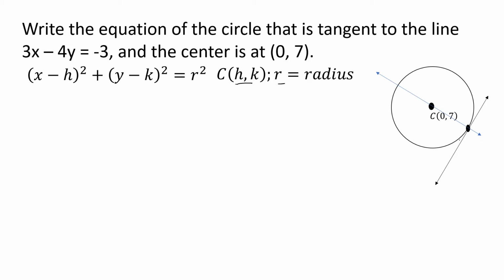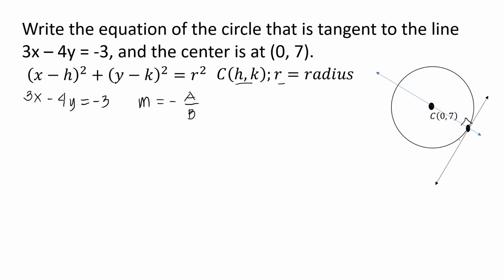Let us do that. Since we know that the radius is perpendicular to the tangent line, we can identify the slope of the tangent line given in standard form, 3x minus 4y is equal to negative 3. If the equation of the line is given in standard or general form, the slope is given by negative a over b, where a is the coefficient of x and b is the coefficient of y.